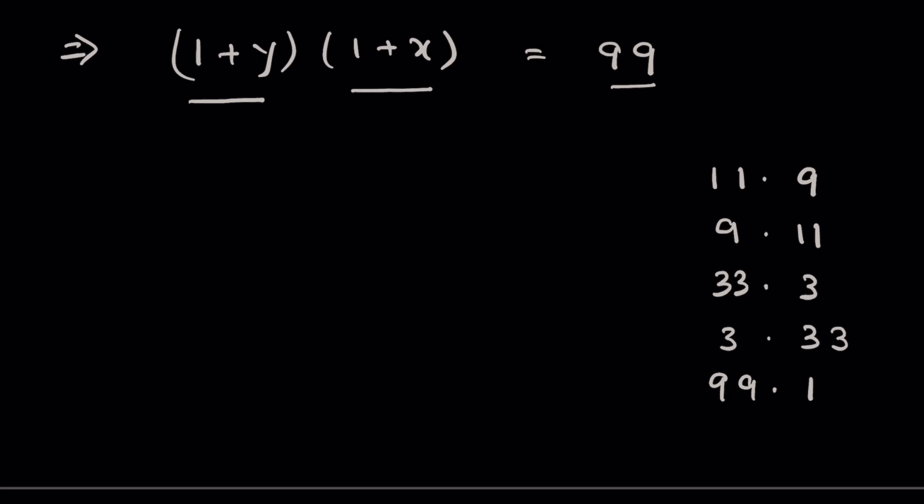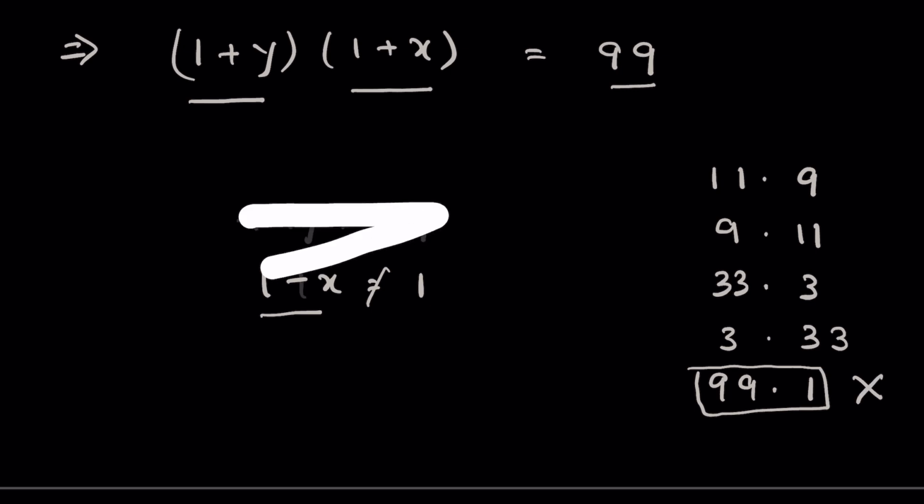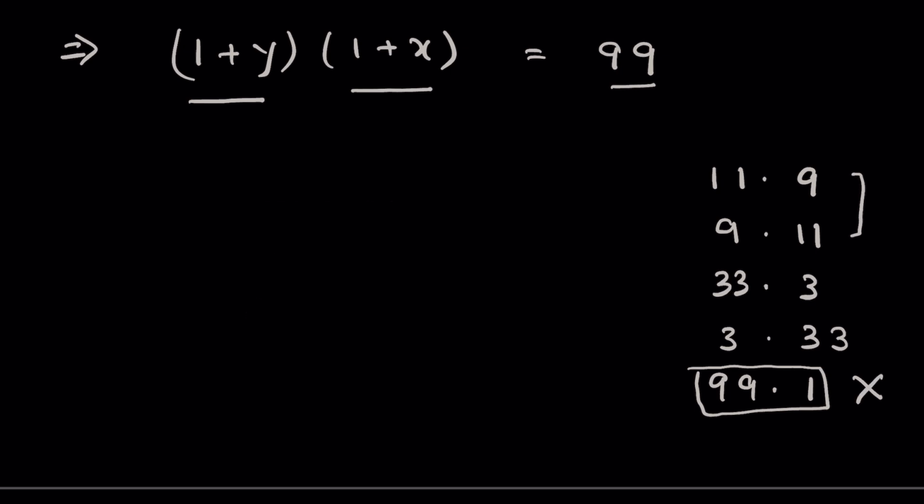Now 1 plus y, if we take as 99, then 1 plus x is 1 when 99 times 1 is taken, but 1 plus x cannot be equal to 1, so this is not possible. So there are two sets of possible combinations for x and y.